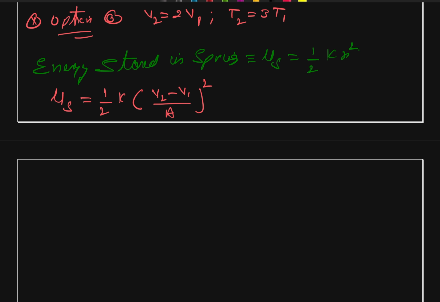So we are given V2 is twice of V1, so we get this as half of K V1 square upon A square.